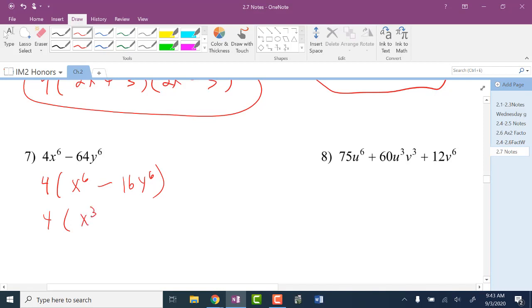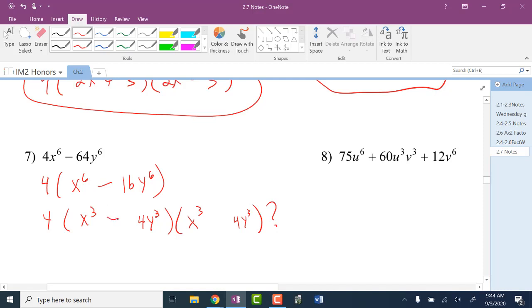X to the 3rd times x to the 3rd equals x to the 6th. Really shouldn't have to write that down. Hopefully you have minimal knowledge of exponents there for us to know that. And then what's the perfect square of 16y to the 6th? 4y to the 3rd. And again, this being new to you, this pattern, is this right?